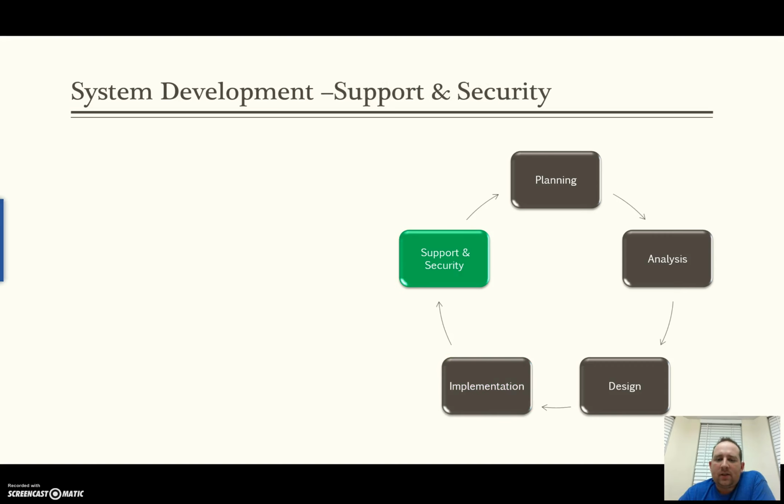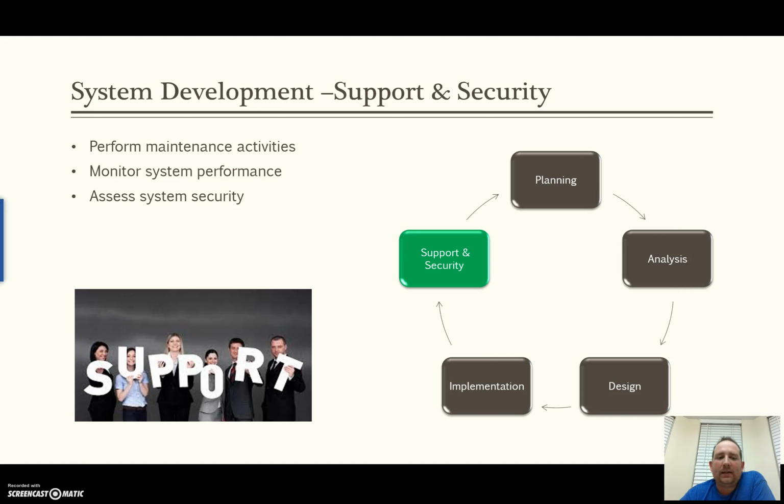The final stage is the support and security phase. This is where you would perform any maintenance activities. So this is what I was just referencing with the little bugs in the system that can come up. You would monitor the system performance, make sure that it's not too slow, make sure that it's performing at the level that you are expecting. And then this is where you would also assess the system security.